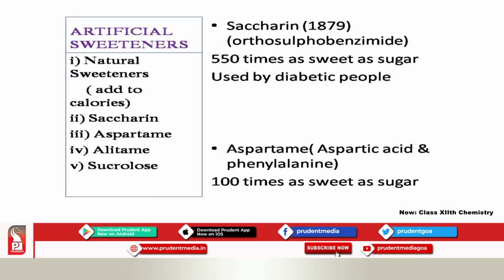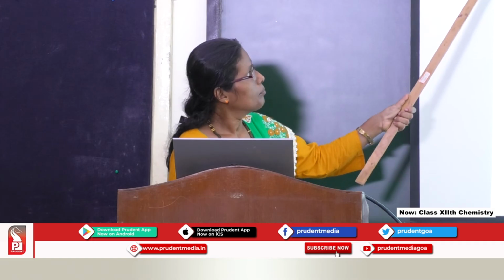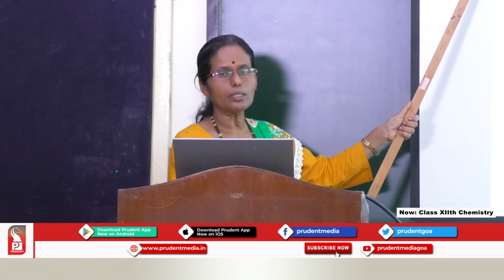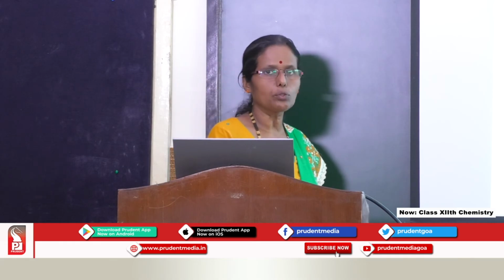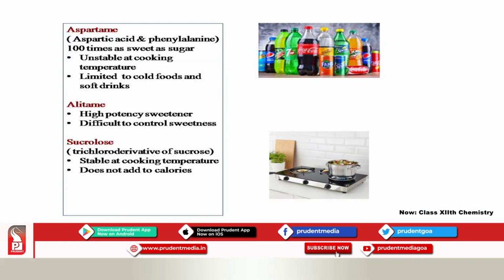Next we have aspartame. It is a combination of aspartic acid and phenylalanine. This is 100 times as sweet as sugar. But it is unstable at cooking temperature, meaning we cannot use it while cooking. It is limited to soft drinks and cold foods.